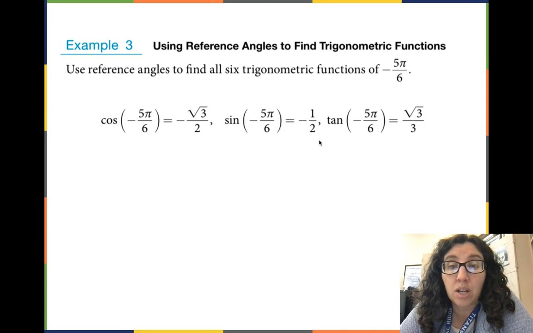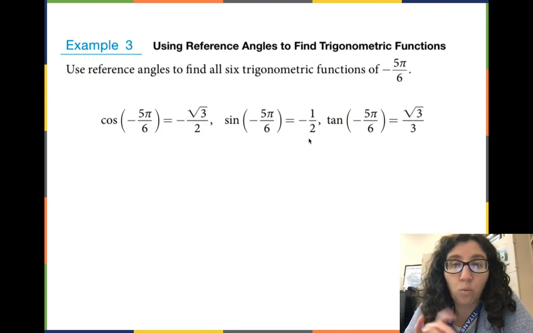Tangent is going to be the y over x. Do the math. We get square root of 3 over 3. Tangent, remember, is one of the two trig functions that's positive there. But even if we didn't remember that, once we take this ratio, it all washes out, right? These negative signs cancel each other anyway. So if we just know sine and cosine and get those right, everything else we can get right.